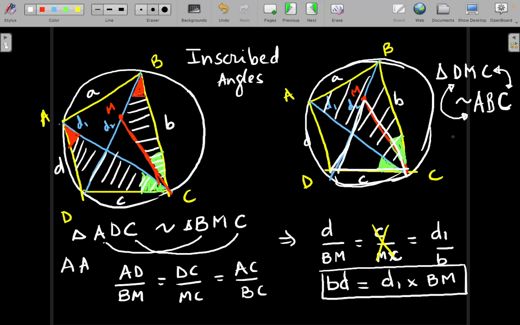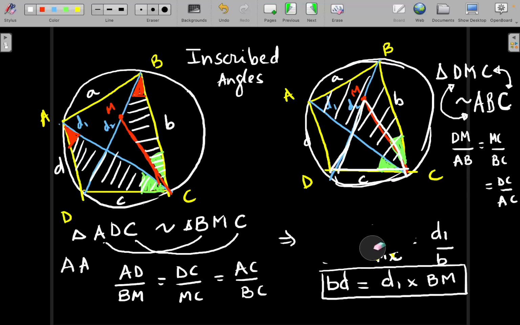So then DM over AB will be equal to MC over BC will be equal to DC over AC. So let me just translate that. I'll make some space for myself. Please look into the figure now.